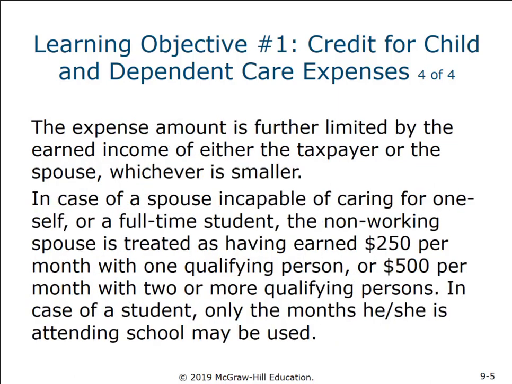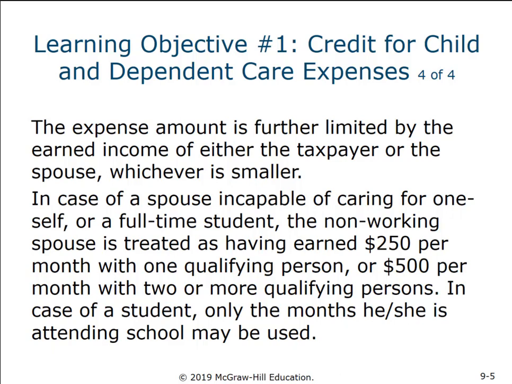Now, when income is considered, we do have a kind of a caveat, you might say. When one of the spouses is a full-time student, okay, that non-working spouse is treated like they had income. So we're not going to disqualify that situation.